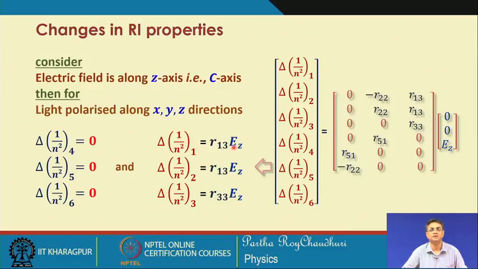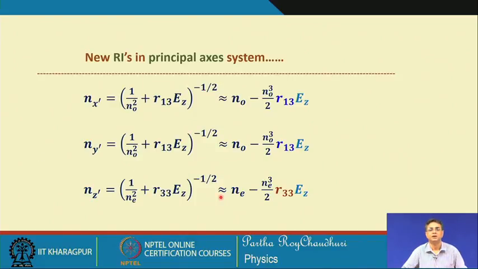You see, this is the change with n x, this is the change with n y, but this is the change with n z. So, these two are again the same. So, it maintains the original anisotropy from the point of view of the directionality, but the values of these refractive indices in the new principal axis system change.